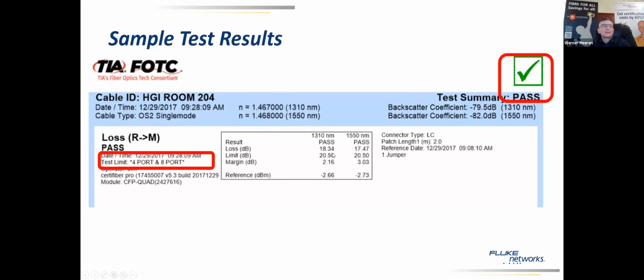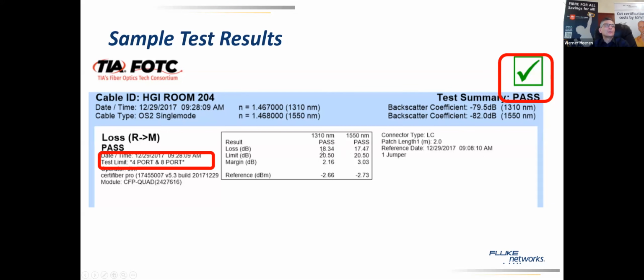How much was it? 19 point something. So it's a little bit more here. 20.5 has been used as the limit for this setup. So it's a user configured test limit, given a specific name, but you see the limit here, and that should be within some acceptable levels.